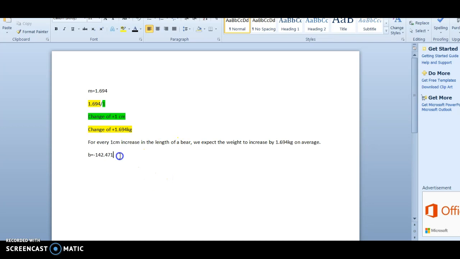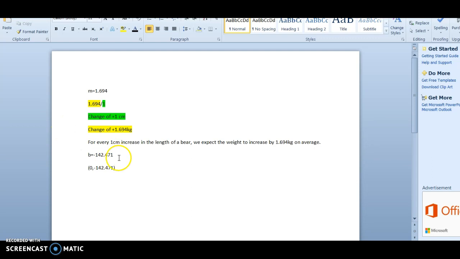Then let's go on to our y-intercept. Our y-intercept we often state as a number, but the y-intercept is actually a coordinate. The y-intercept is a y value that corresponds to an x value of 0. So you can think about your y-intercept as always being 0 and then the y value.